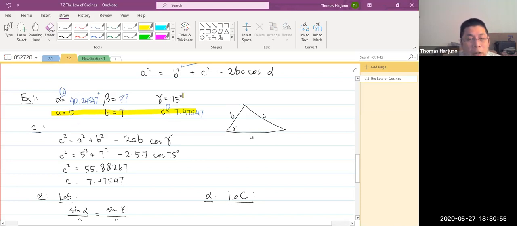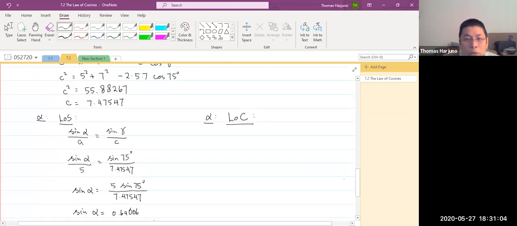Okay, now suppose I want to find angle alpha. If I want to find angle alpha, then what I need to do is put a squared here so that I can get cosine alpha there. Remember the opposite sides, right? So this is b squared plus c squared minus 2bc cosine alpha.